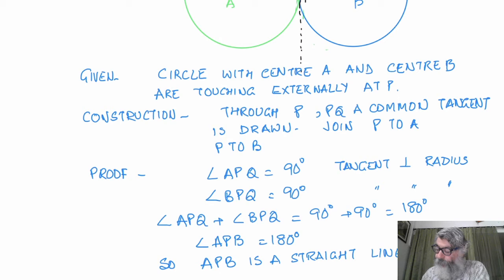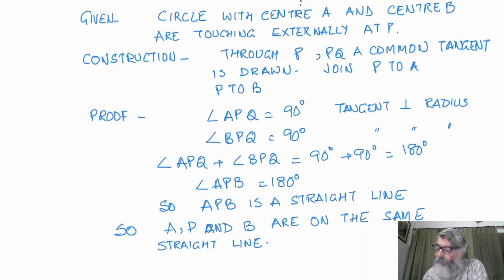So A, P and B are on the same straight line. And that's what we had to prove. We had to prove that P lies on the line joining A and B. I have joined AB and shown that P is lying on that line because APB is 180 degrees.